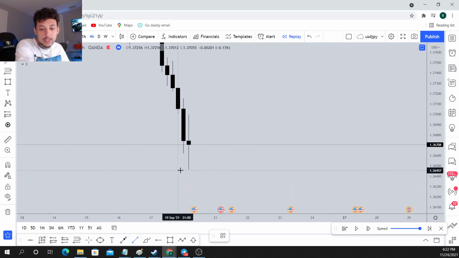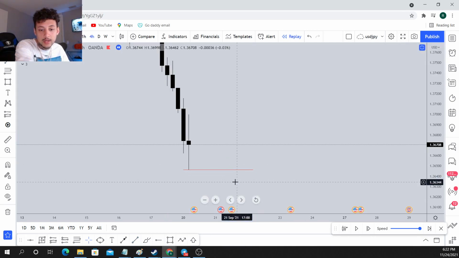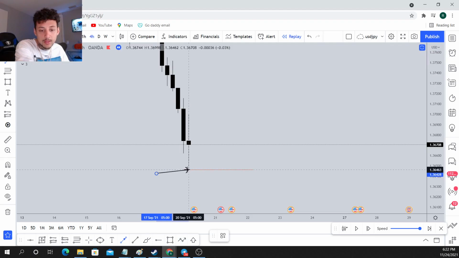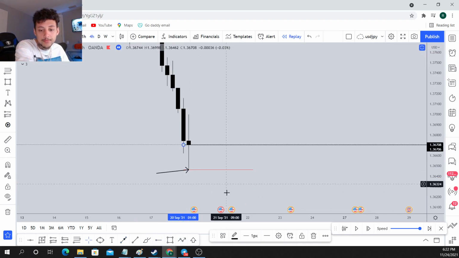So I'm going to use this marker here. This red line is going to be the lowest low, which is going to be the bottom wick. This line right here, I'm going to make this green, is going to be the lowest close.